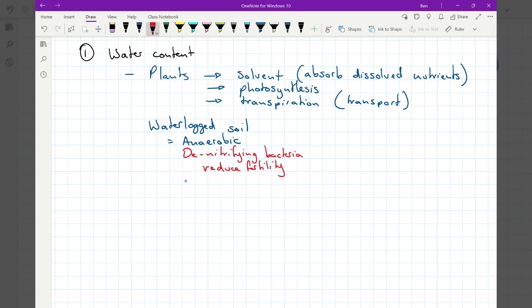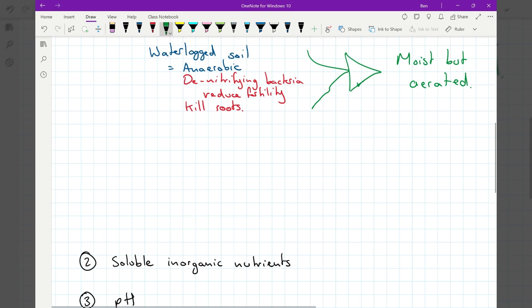It'll also kill the roots, because most plants are not adapted for anaerobic conditions. So what we want is the soil to be moist but aerated, so that it is aerobic.